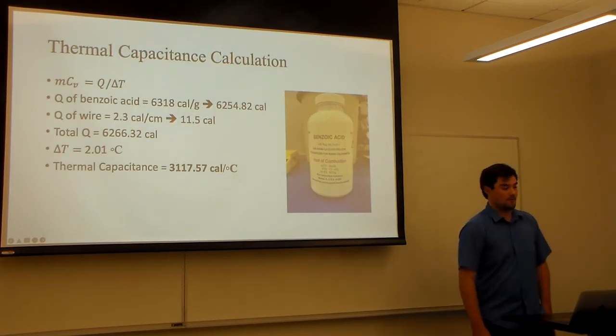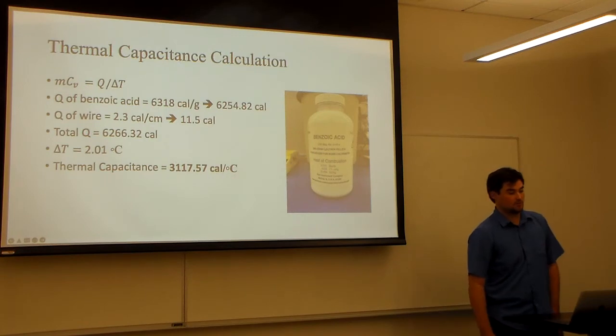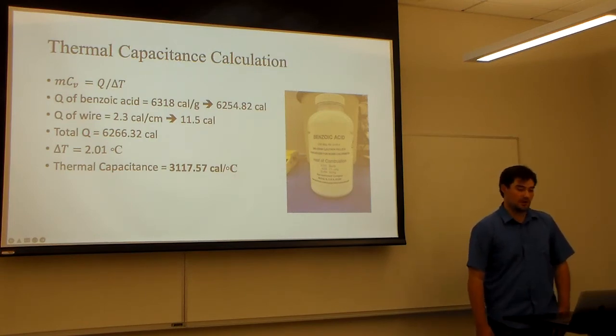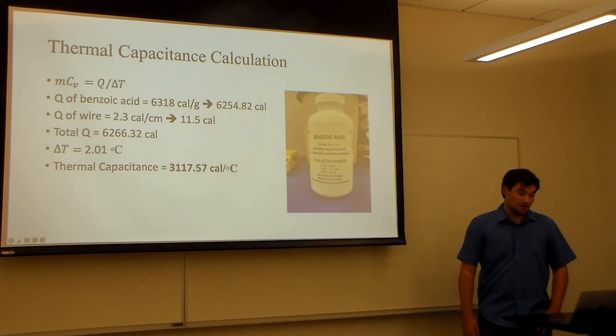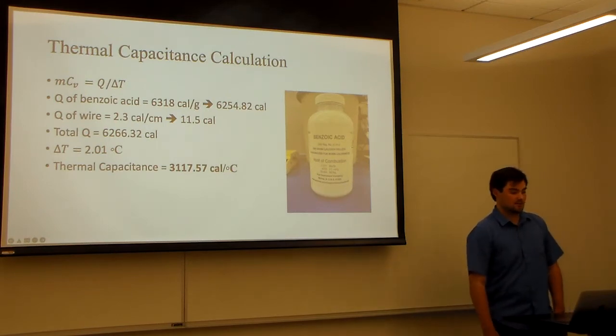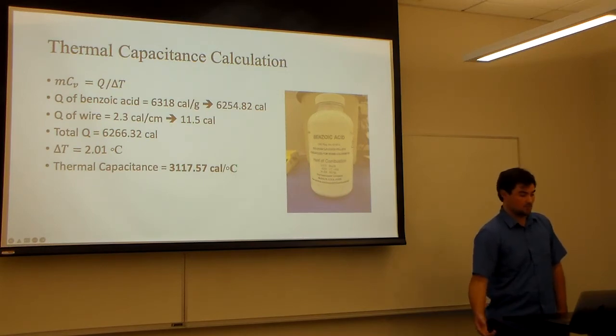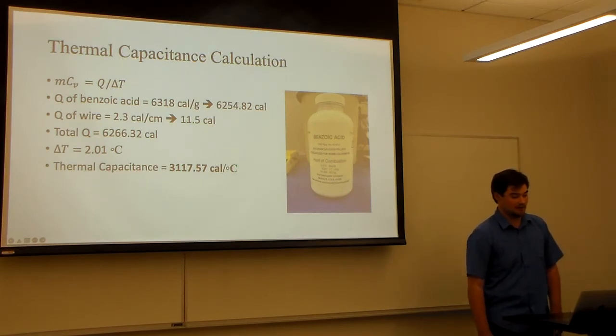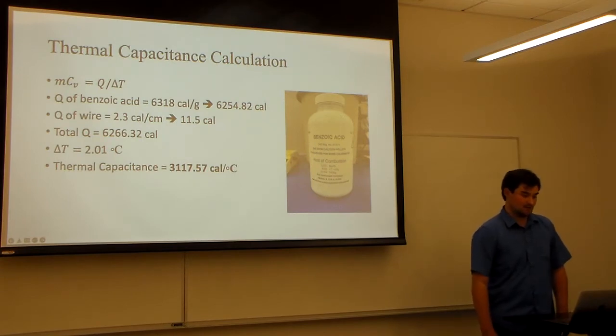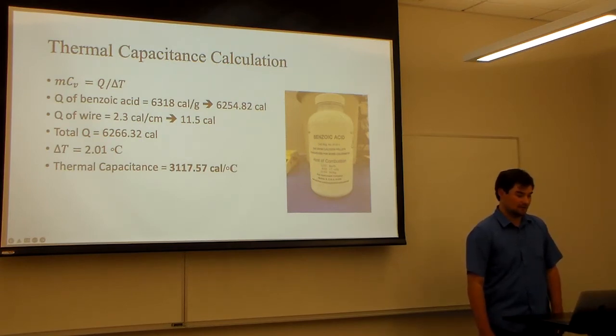So for the thermal capacitance calculation, we used MCV equals Q over delta T. The Q of the benzoic acid was given on the container, which was 6,318 calories per gram. And once we took into account that it was 0.99 grams, we got 6,254 calories.